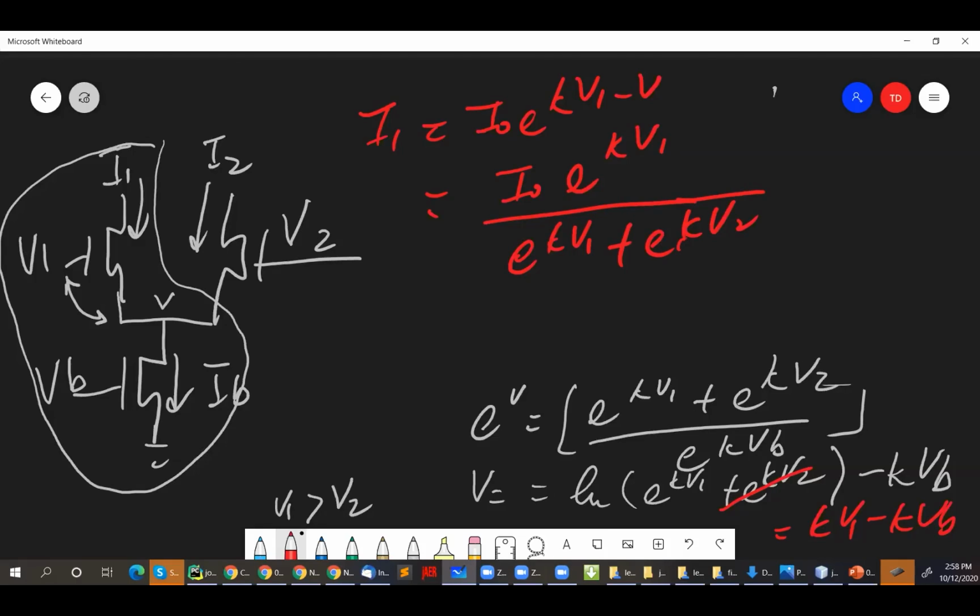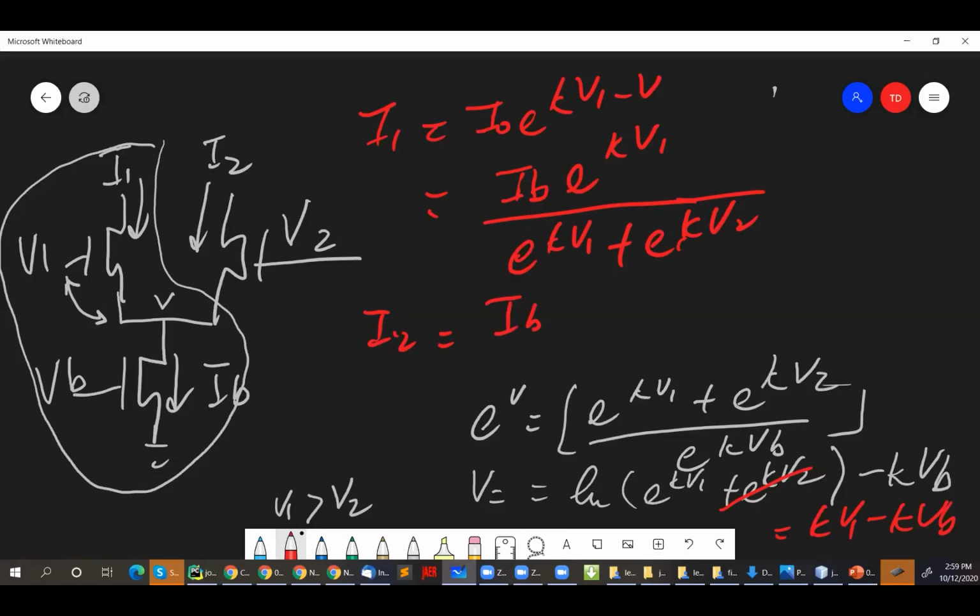Okay. So it's going to be I naught times E kappa V1 over E kappa V1 plus E kappa V2. And of course, for I2, you should get the opposite because, oh, sorry, actually, this should be IB. This is IB. And so for I2, you get the same thing. So now you write I2.